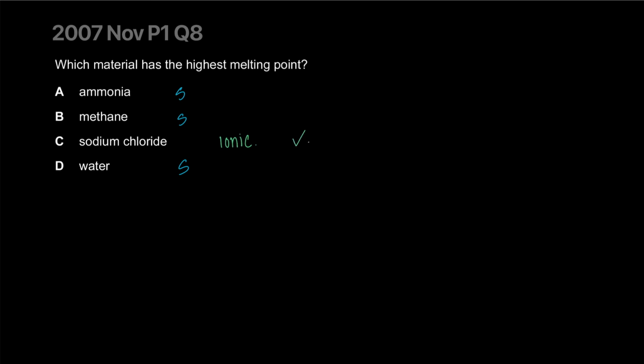Another way to figure this out is, you're looking at a gas, a liquid, and a solid. Which one do you think has the highest melting point? Because one of them has already melted at room temperature, and the other two are gases way past melting. The correct answer is C.